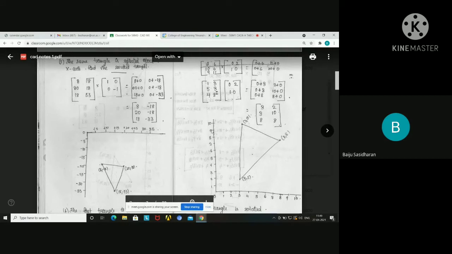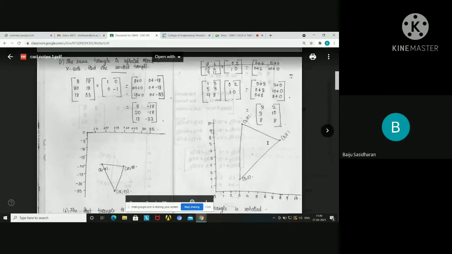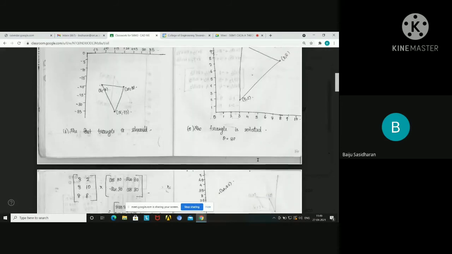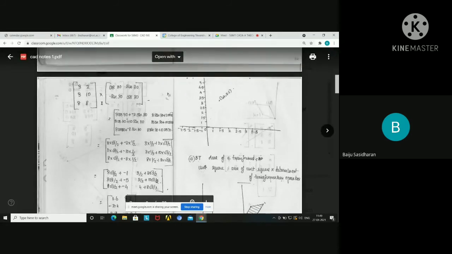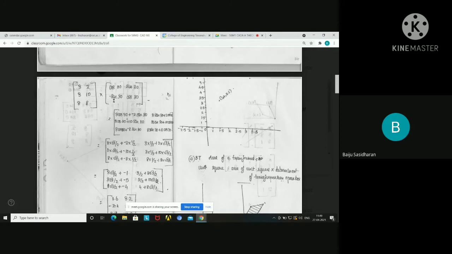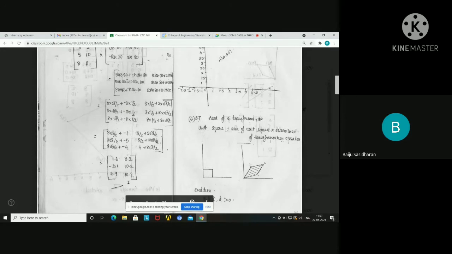So the initial triangle will get sheared. That's the effect indicated here. Next, if the triangle is rotated about 30 degrees, we have some initial values 3, 2, 3, 10, 8, 8. And that should be multiplied with cos 30, sin 30, minus sin 30, cos 30. You multiply those things, and finally you will get this value.